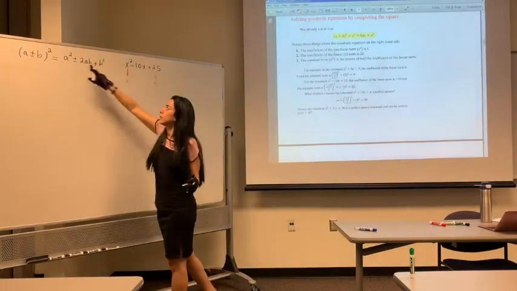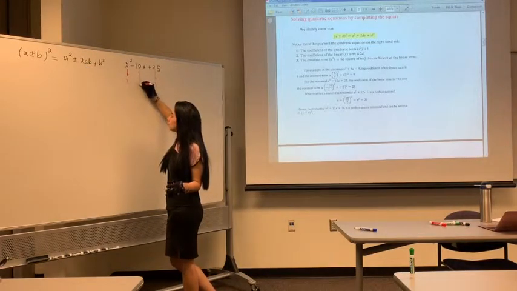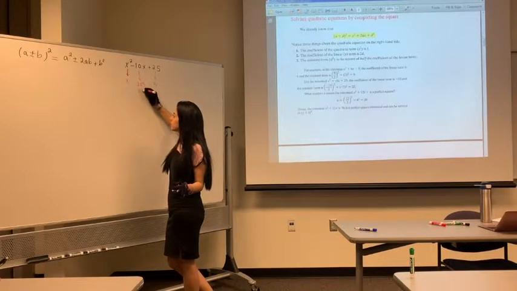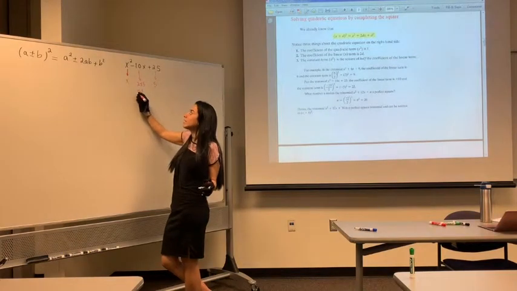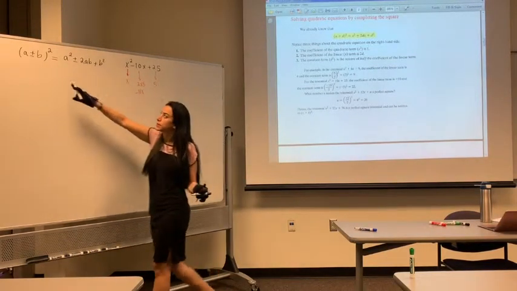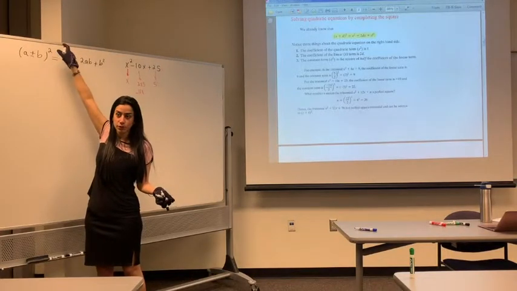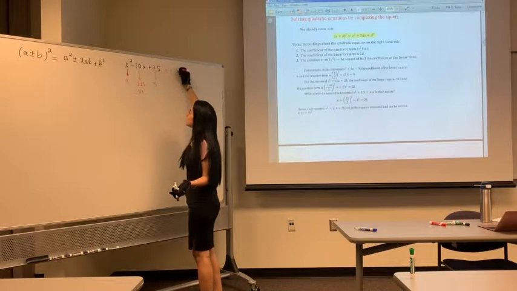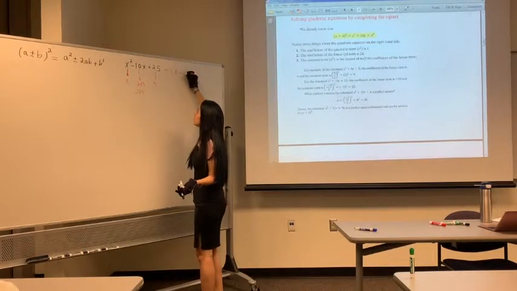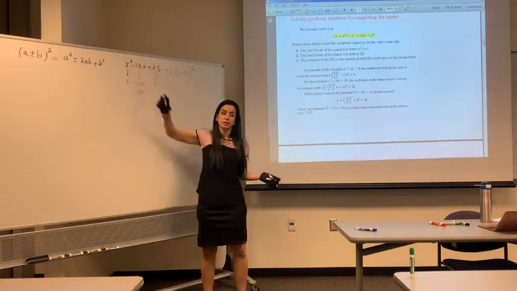This is a squared, plus or minus 2ab. Let's see if this works. 2 times a multiplied by b gives us 10x, right? If I have a negative sign, it means I was using (a minus b) to the power 2. That's why we have a negative sign between.